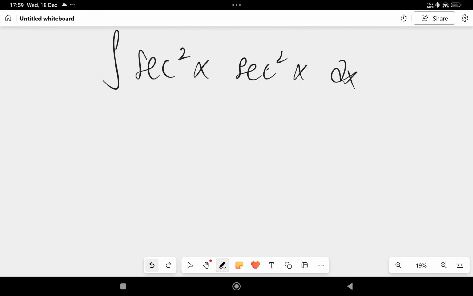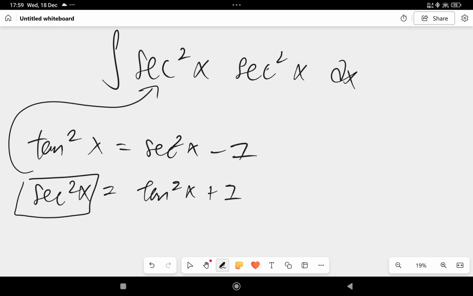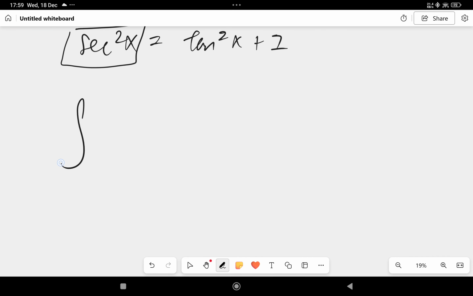We can use a trig identity: tangent squared x is equal to secant squared x minus 1, so secant squared x is equal to tangent squared x plus 1. We sub this into one of the expressions.